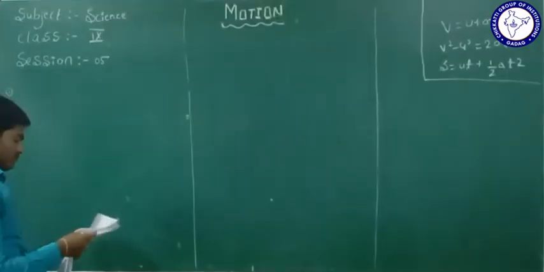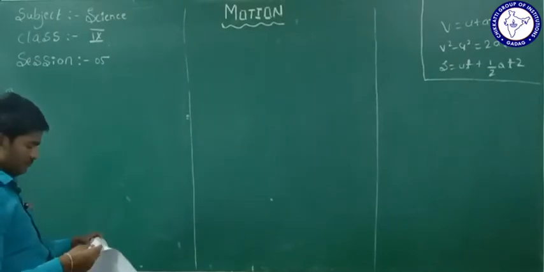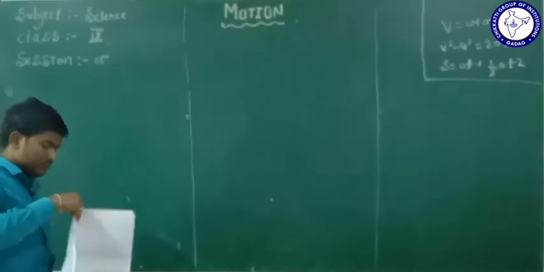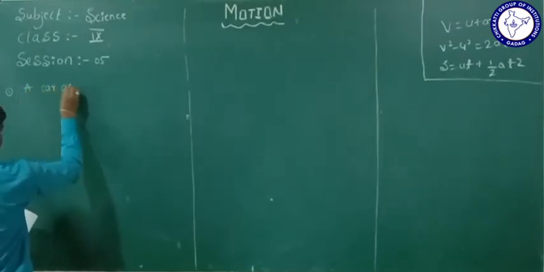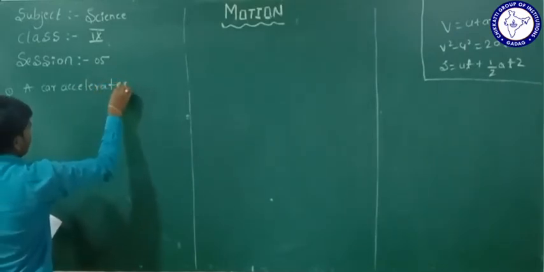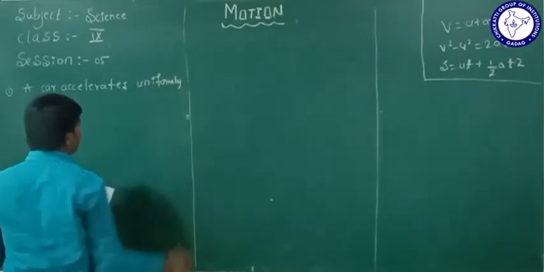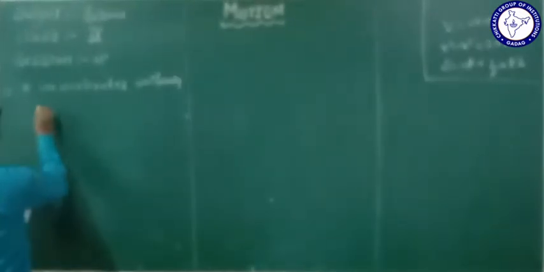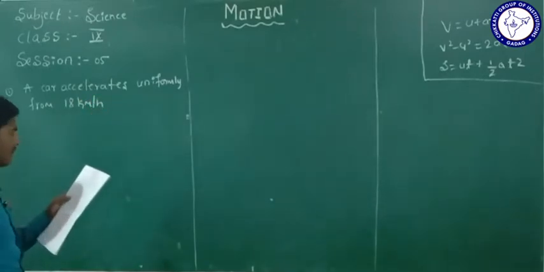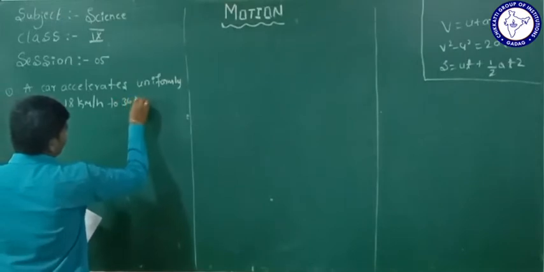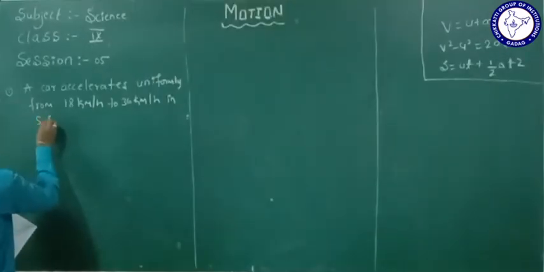So, second example here. A car accelerates uniformly from 18 kilometer per hour to 36 kilometer per hour in 5 seconds.